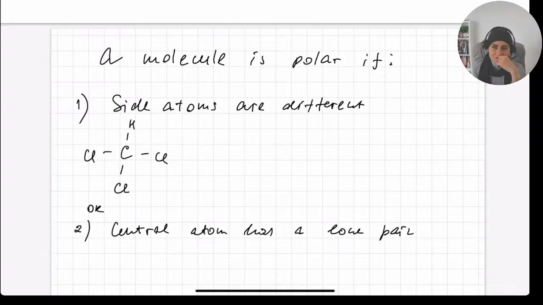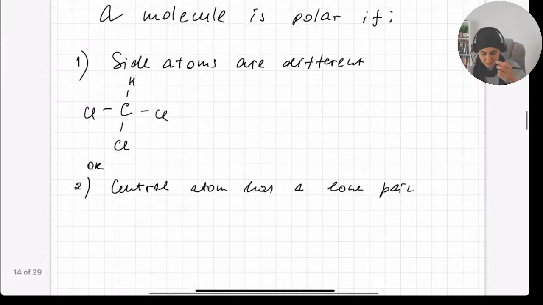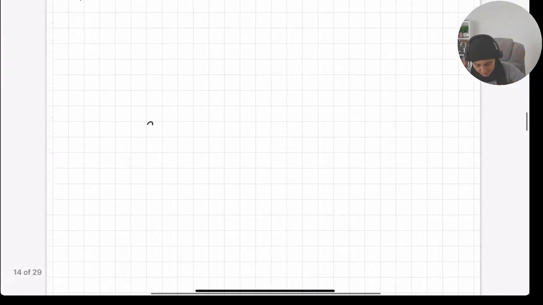If you are an HL student, I've seen a question where sometimes the side atoms were different, but they were arranged symmetrically, so the dipoles did cancel out. For example, think about SF something.